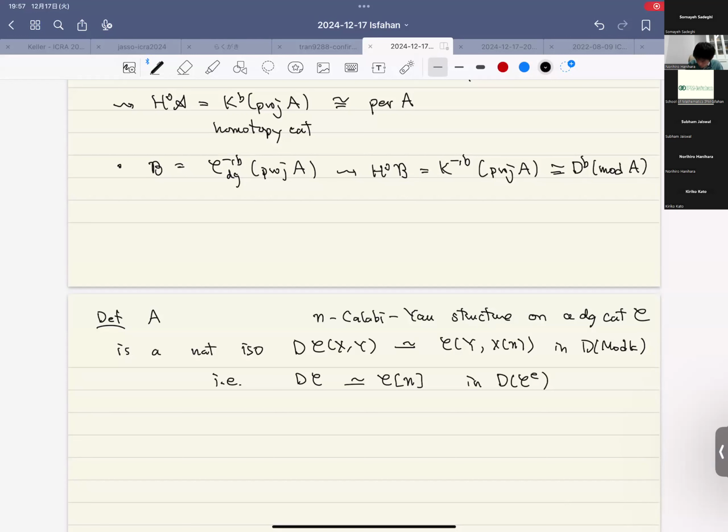And in this case, the perfect derived category of C, which is the triangulated category that C enhances, is an n-Calabi-Yau triangulated category.